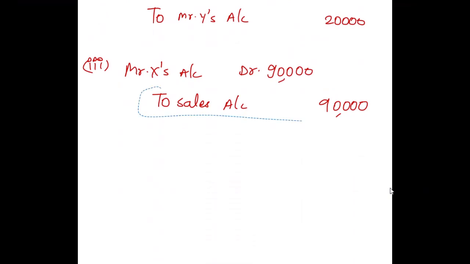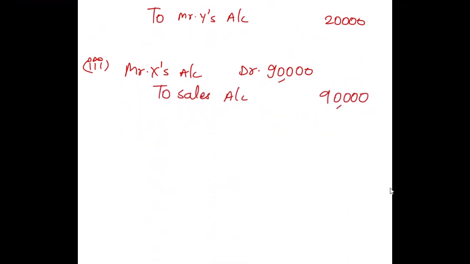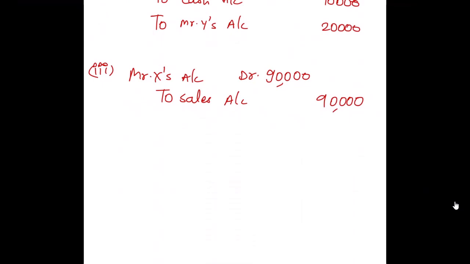So here the receiver is Mr. X. So I have debited it and credited the sales account because the goods are going out. I am earning the income. So whenever we earn the income, as per the nominal account rule, credit the gains and income. So sales account has been credited. Lovely. That was your third journal entry.